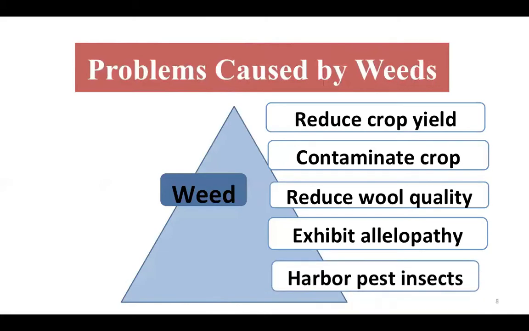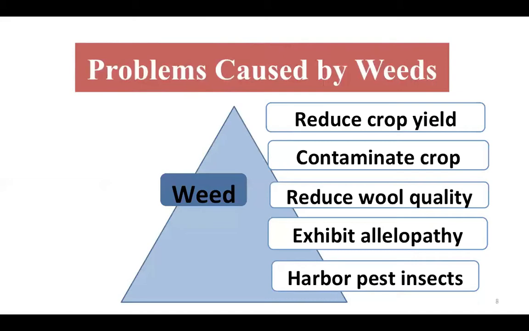So weeds can also harbor pest insects. For example, weeds may affect the ability of dispersing insects to locate the crop plant, so that they can move easily from the weed to the crop plant. That damaging population densities of the insects will also be affected badly. So they may also harbor insects, pests, and diseases.